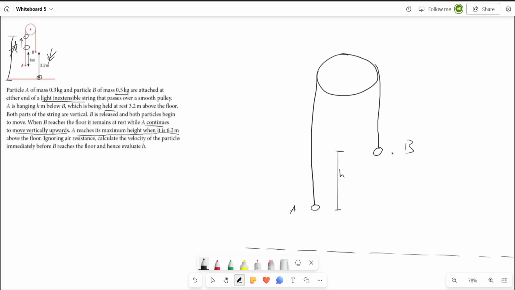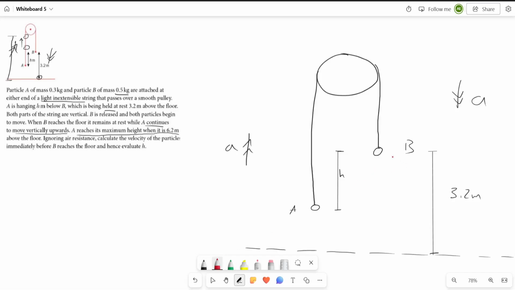We know that the distance between B and the floor is 3.2 meters, and basically that's it. So first of all, I want you to know that three things are going to happen to A. At the start, A is going to move upwards with an acceleration, and B is going to move downwards with the same acceleration. So once B hits the floor, what's going to happen?